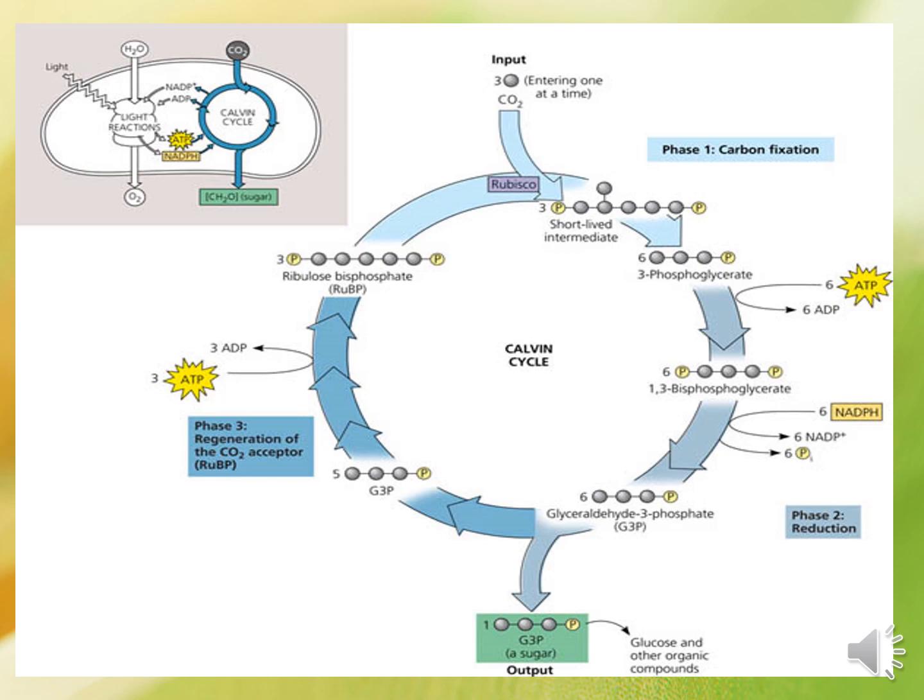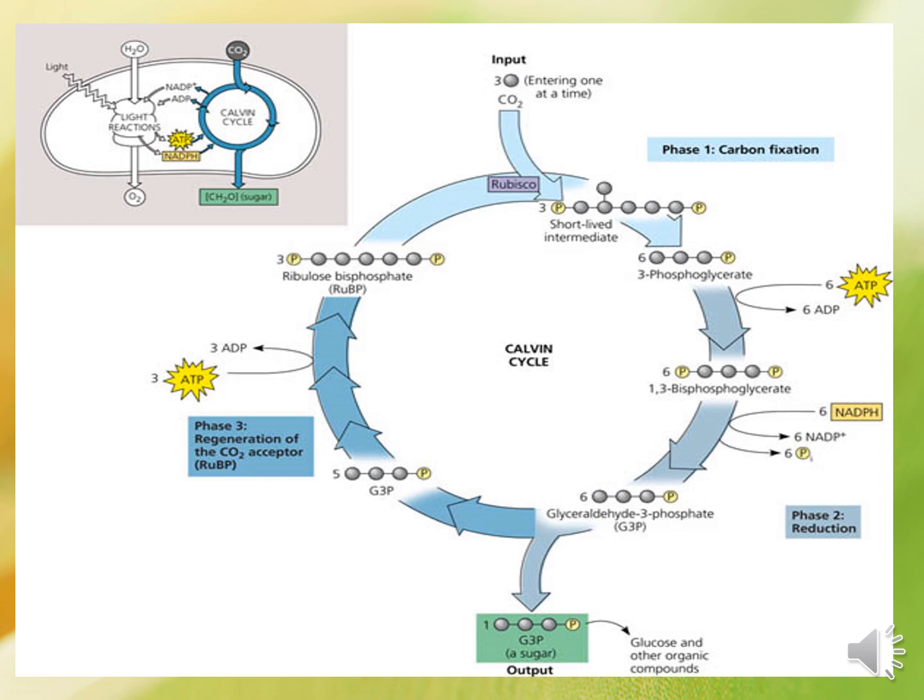So that's correct. The short-lived intermediate 6 carbon compound splits in half, so they produce 6 3-phosphoglycerate. Then we enter phase 2.